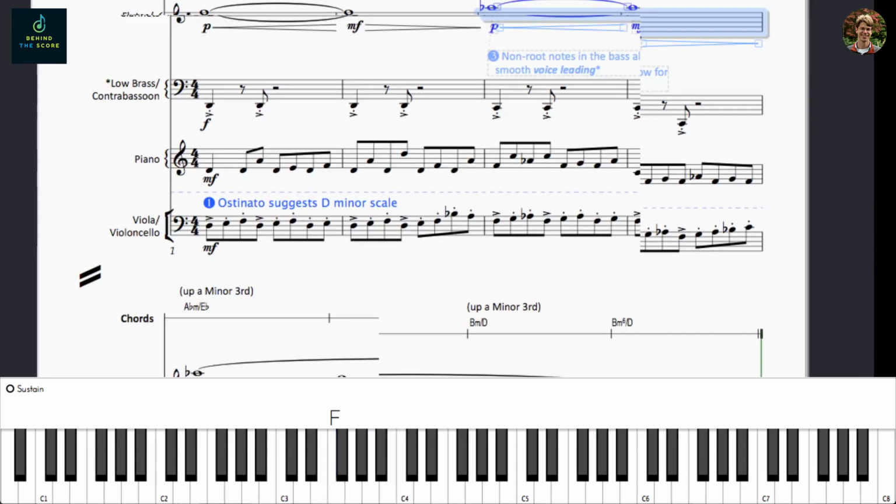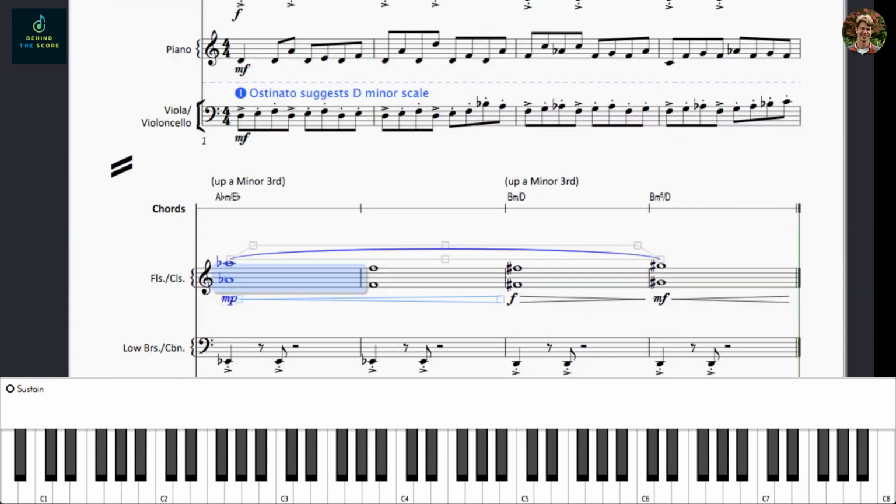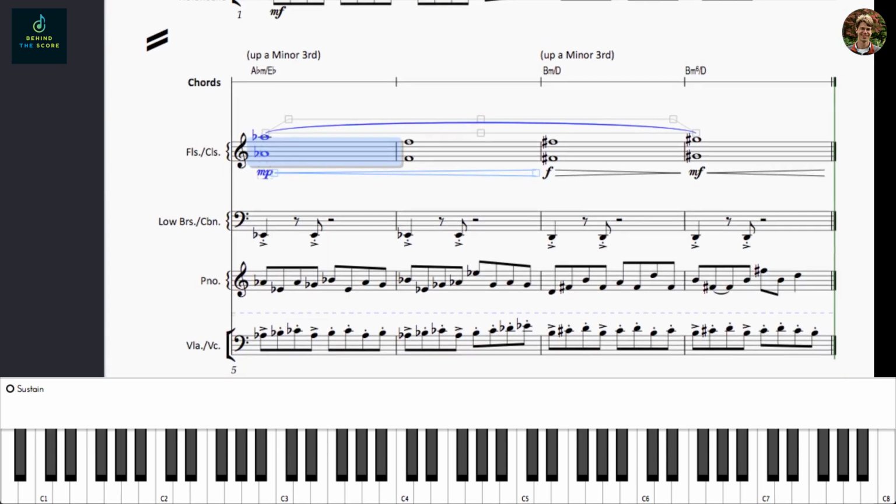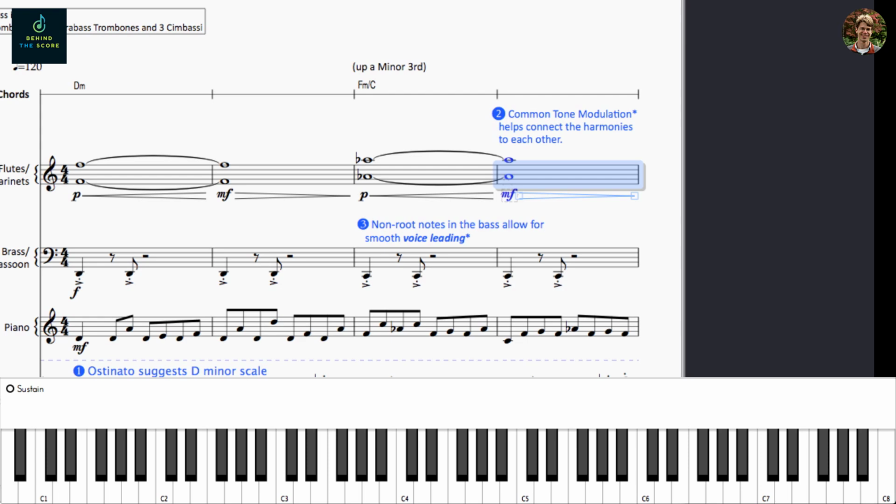But then notice they play A flat again in measure 5 over here when we modulate to A flat. So A flat is common to both the F minor chord and the A flat minor chord. Because of that, we can use A flat to create a smooth modulation. And we call that a common tone modulation.